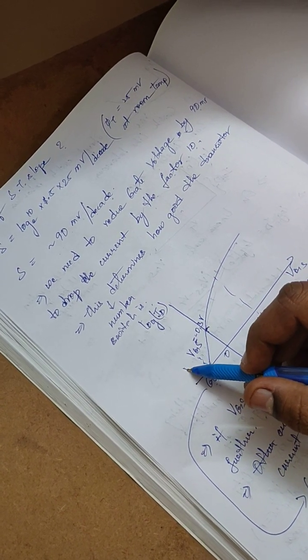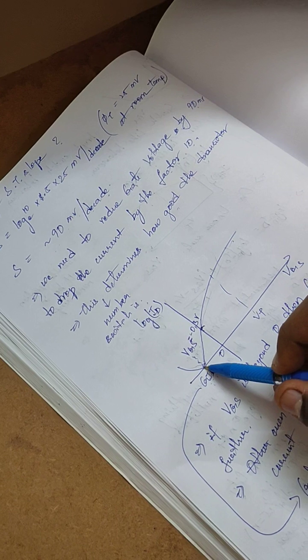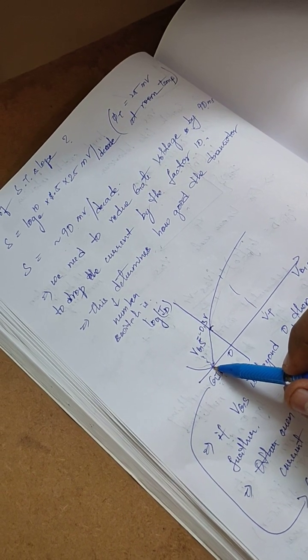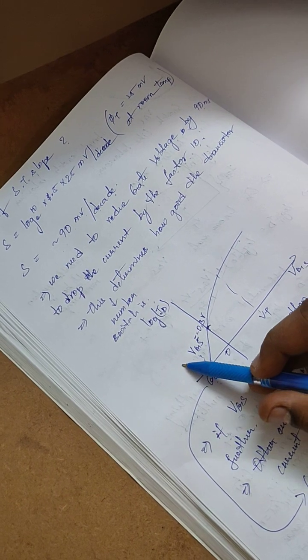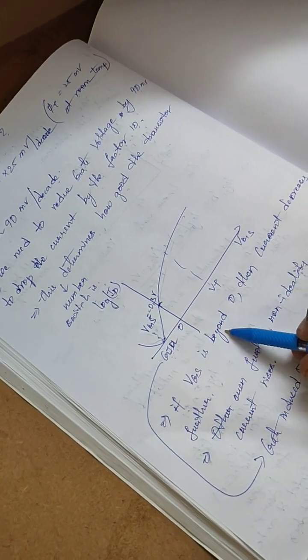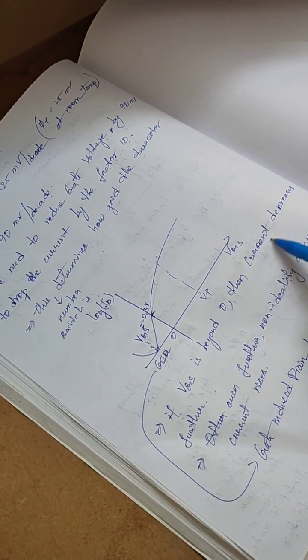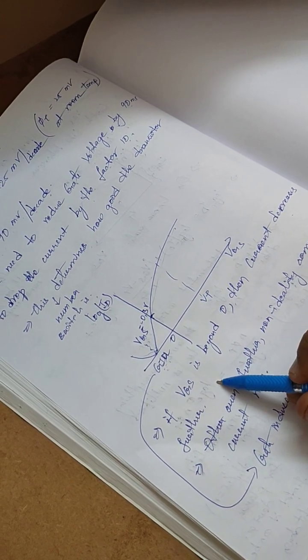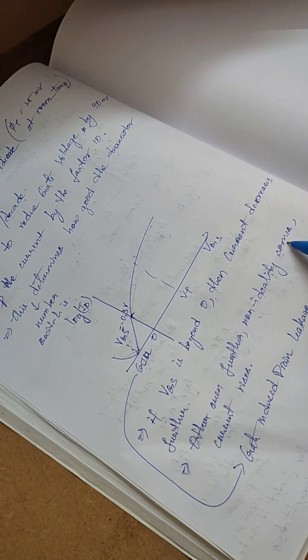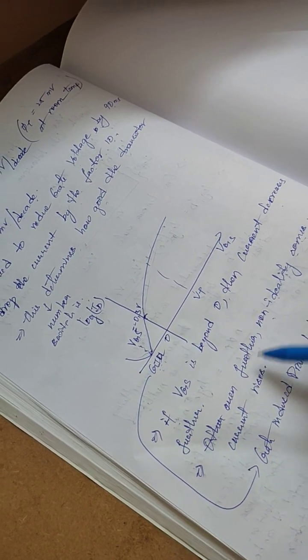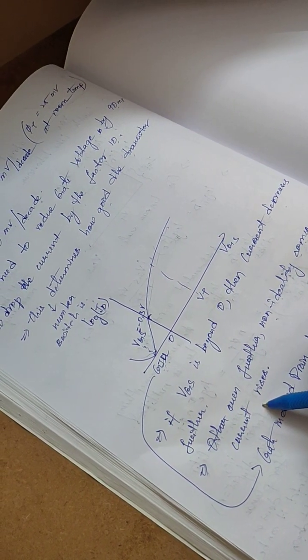So for subthreshold leakage, the current reduces only till a certain VGS point, and after this the current increases. Further non-ideality comes in, we need to consider it, and again the current rises.